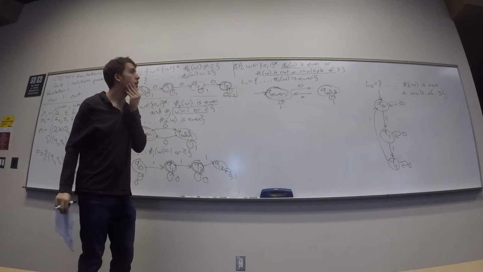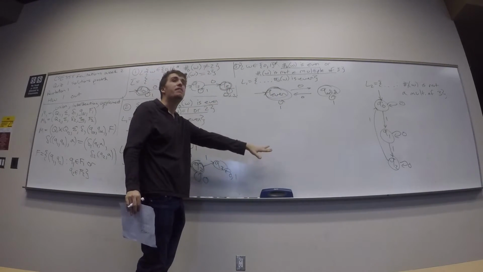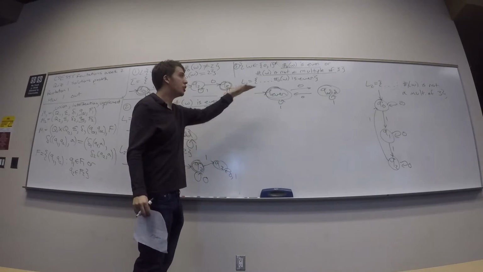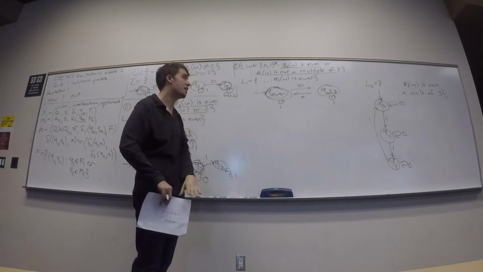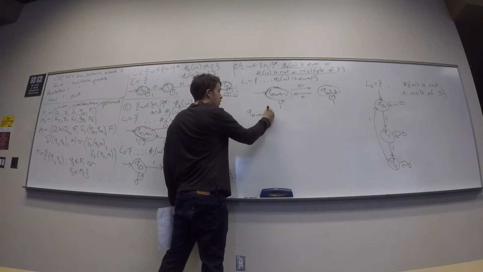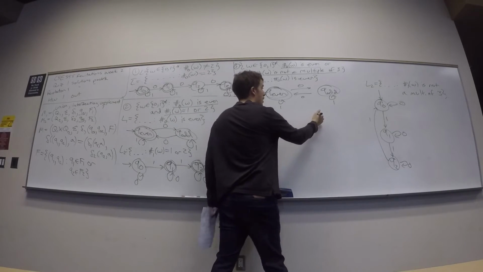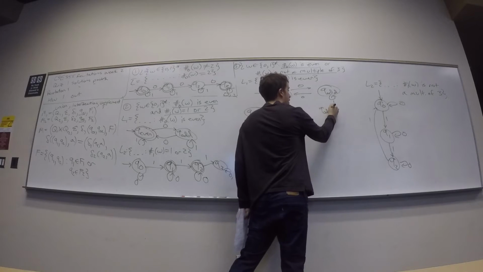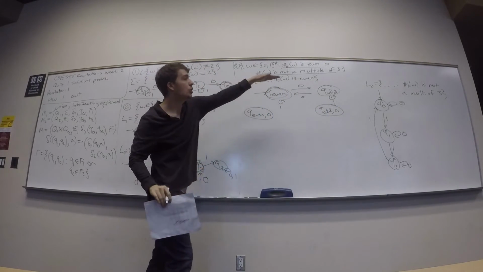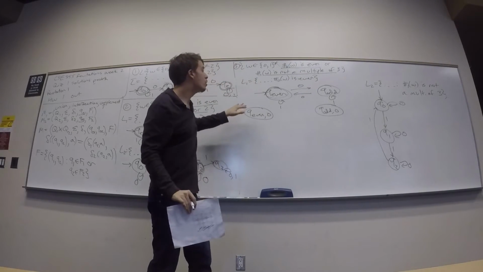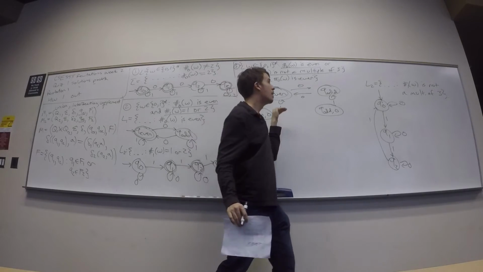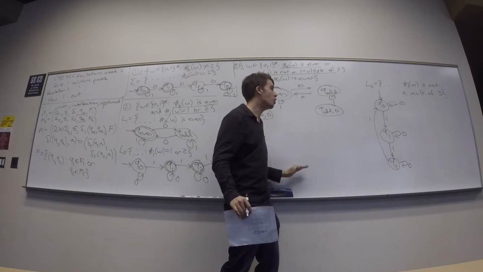Okay? So in the product DFA, how many states am I going to have? 6. 2 for this DFA, 3 for this DFA. So let's make our states. Q even 0, Q odd 0. I wrote this one horizontally and this one vertically purely so we can see that this is the even column, this is the odd column, and this is the 0 row, 1 row, 2 row.